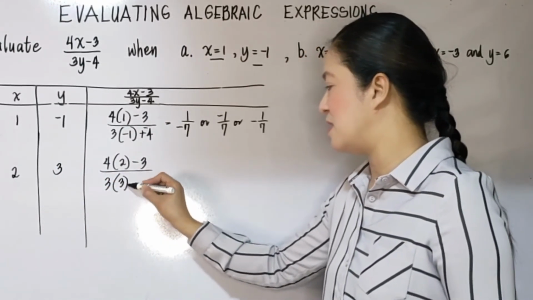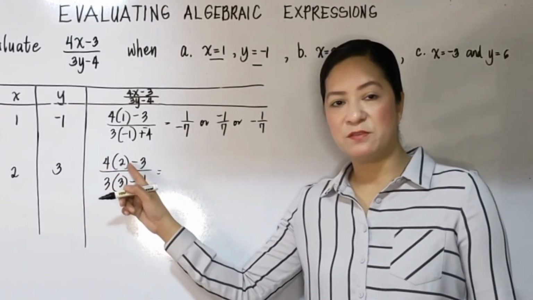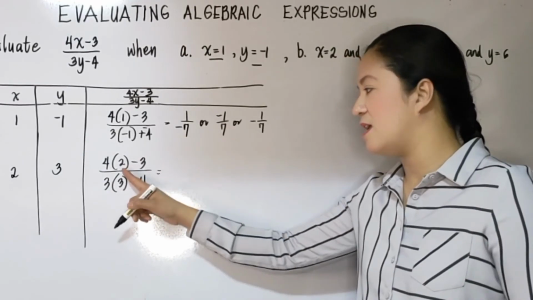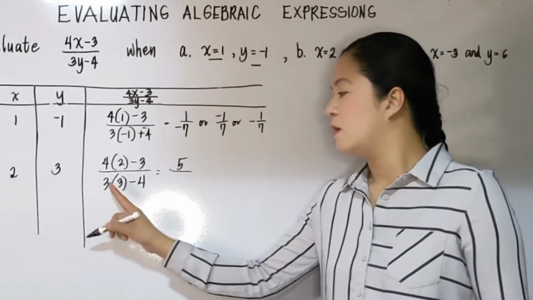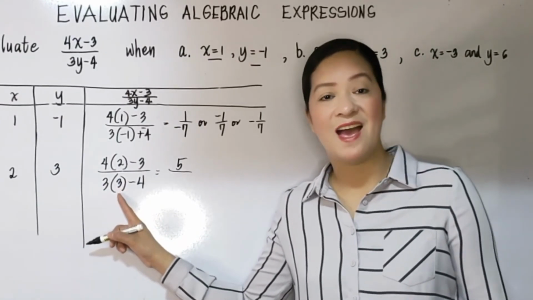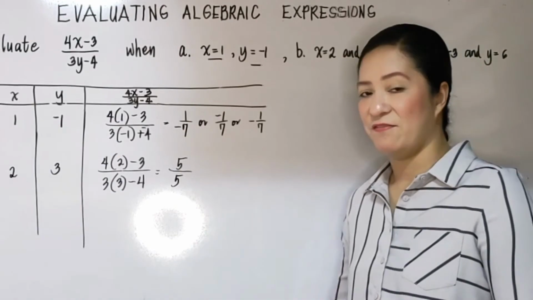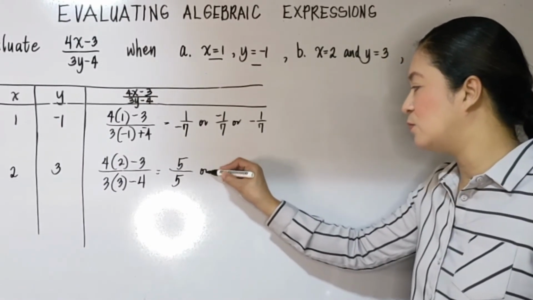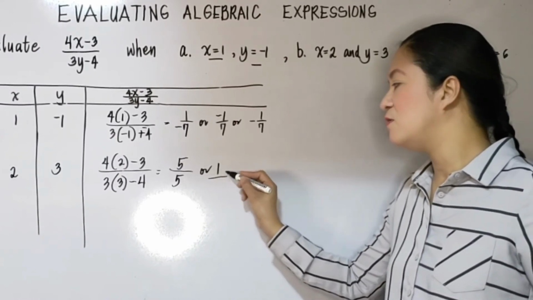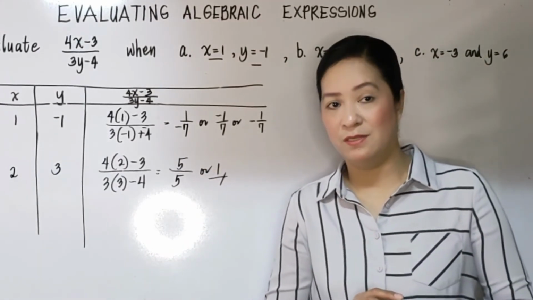So, 3 times 3 minus 4. So, what is 4 times 2? Okay, that is 8. Minus 3 is 5. Over 3 times 3 is 9. Minus 4 is also 5. So, we have 5 over 5, or that is equal to 1, because the numerator and the denominator are the same. So, it's equal to 1 whole.